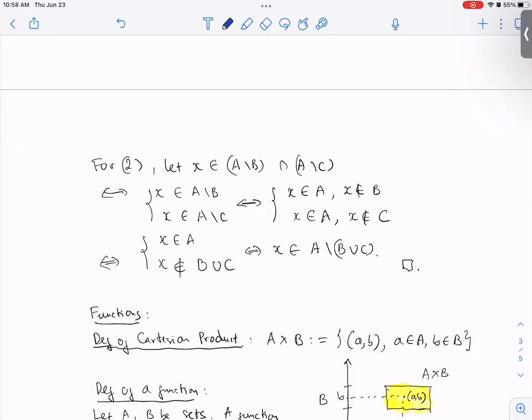So X must be an element in the complement of B related to A, and X must also be in the complement of C related to A. So X must belong to A, and it must not belong to B. X must belong to A, and X must not belong to C. Together, we see that X must belong to A, and X is not an element of the union of B and C. So that's why X must be in the complement of the union of B and C related to A.